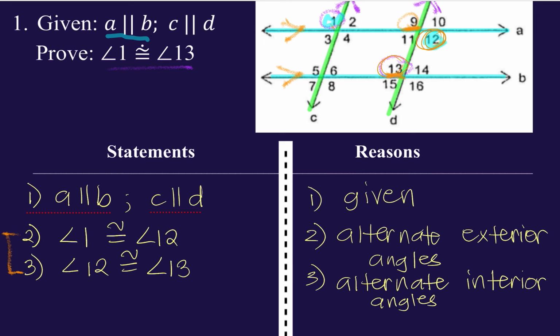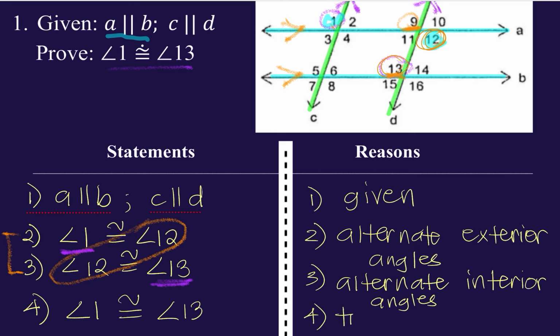Notice that there is a common angle, and that is angle 12. Since angle 12 is common to both, then we can say that angle 1 is congruent to angle 13. So that is going to be our number 4 statement. Angle 1 is congruent to angle 13, which uses the concept of transitive property.